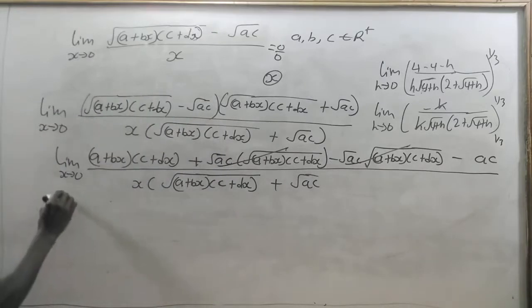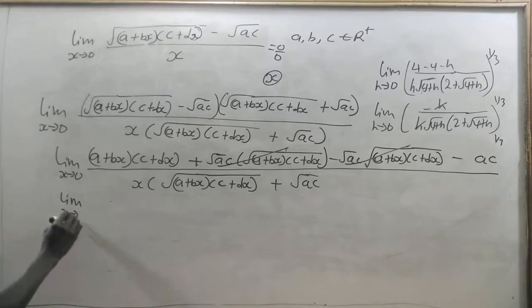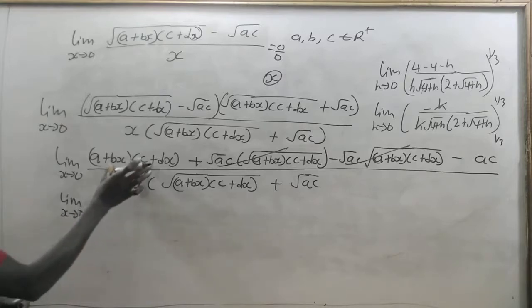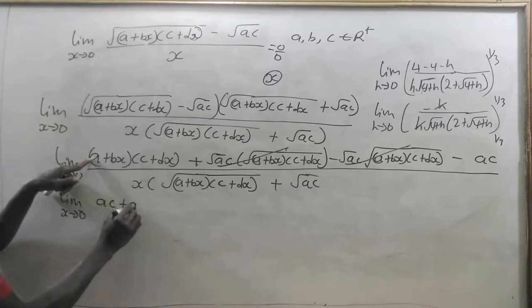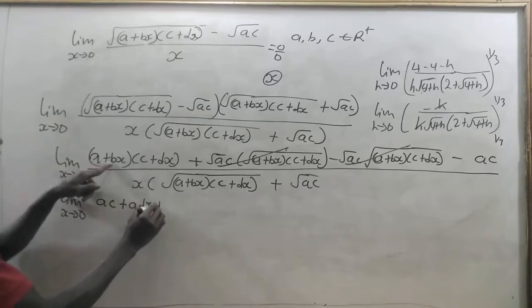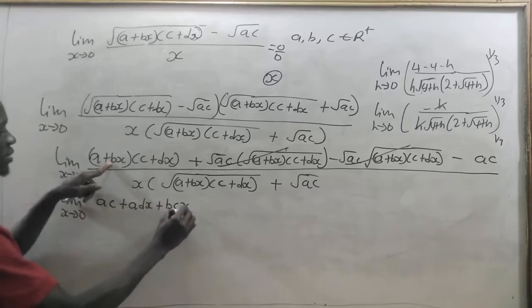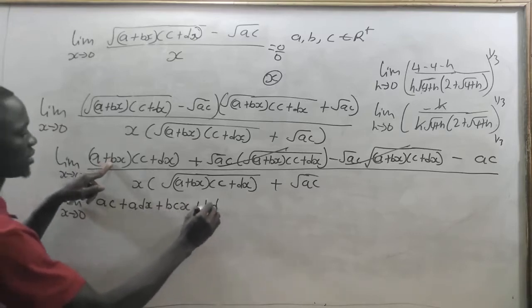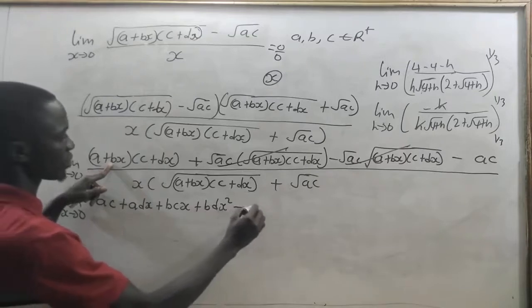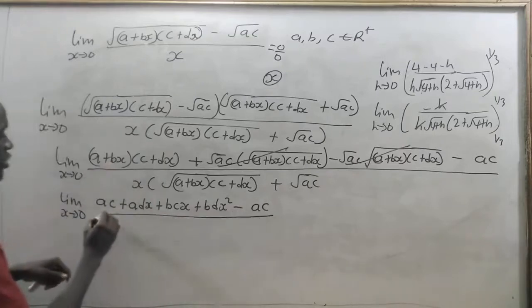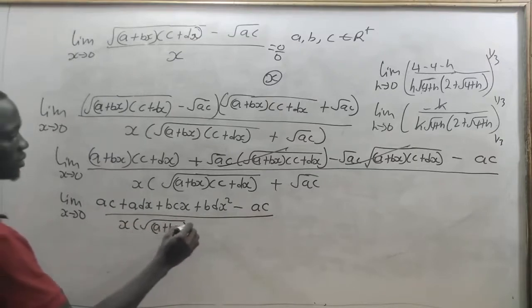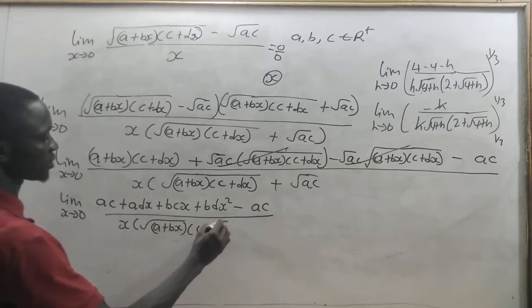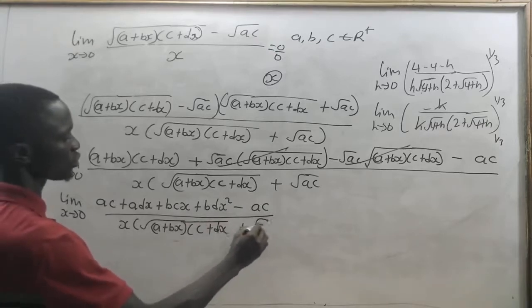Then we have the limit as x approaches 0. Now let us expand this: AC plus ADX plus BCX plus BDX squared minus AC, all divided by x times the square root of a plus bx times c plus dx, plus the square root of AC.